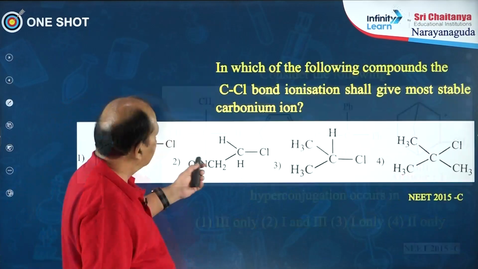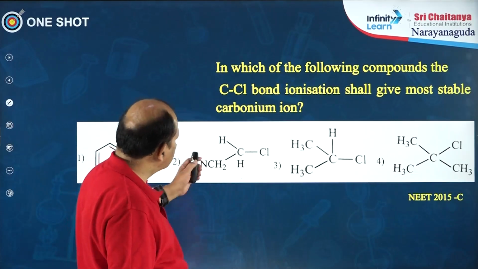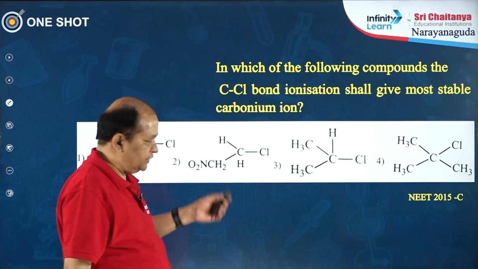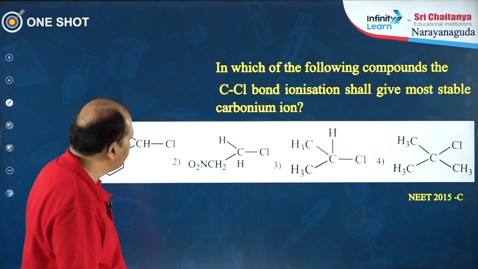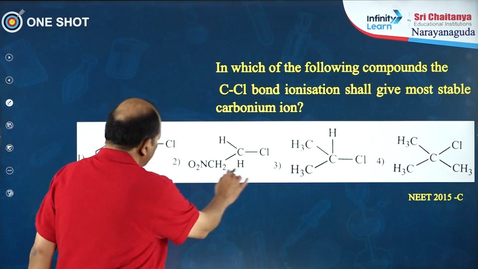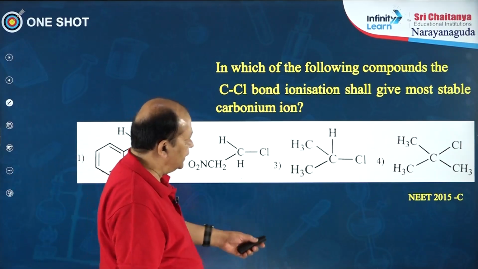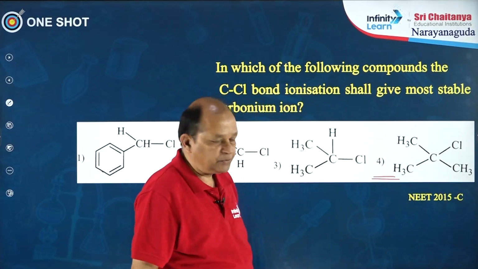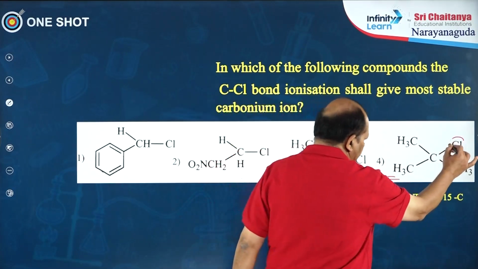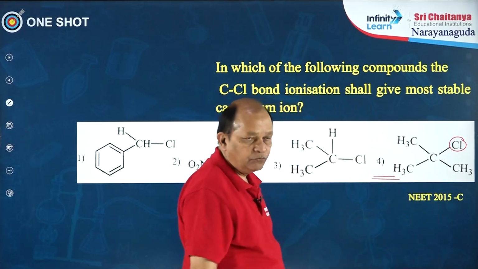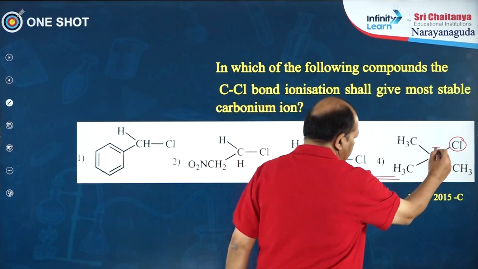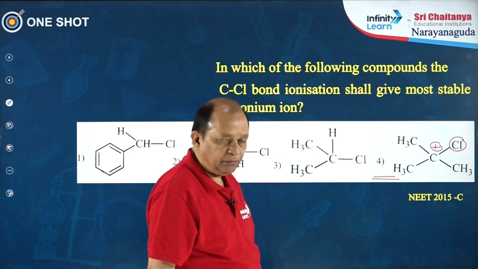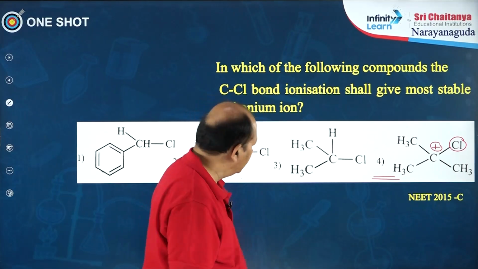Okay. Next, in which of the following compounds the C-Cl bond ionization shall give most stable carbonium ion? They give actually carbocation, they should call. Okay. So, now 4 options he gave and it is very easy to give the answer, that is the fourth option, because by the ionization of compound 4, the C-Cl bond, we will get tertiary butyl carbocation, which is most stable, containing 9 alpha hydrogens.